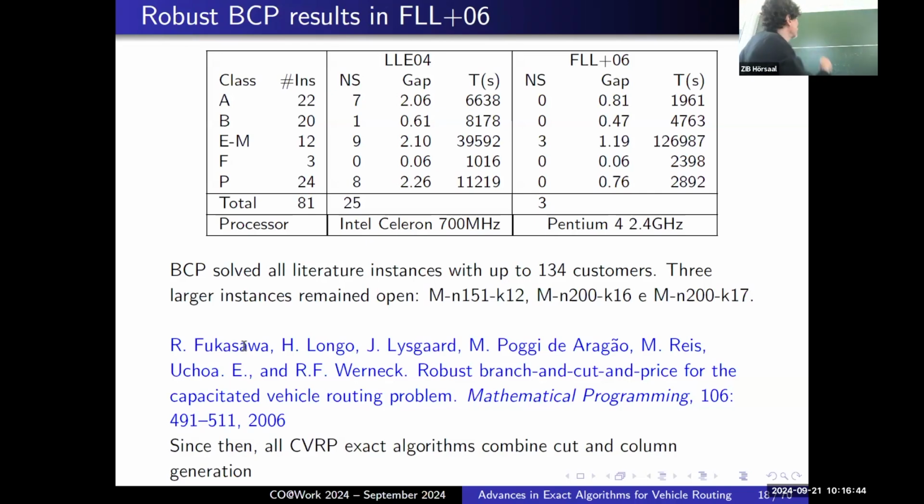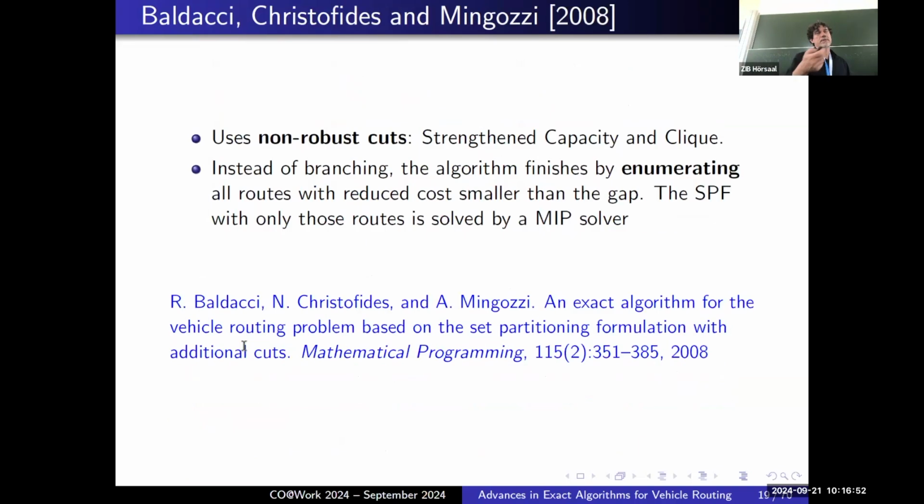And since then, all exact algorithms for CVRP do this combination. But progress was made. So some authors realized that non-robust cuts could be useful even if they changed the pricing, because it was worth using them. And another idea that was introduced was the idea of enumeration.